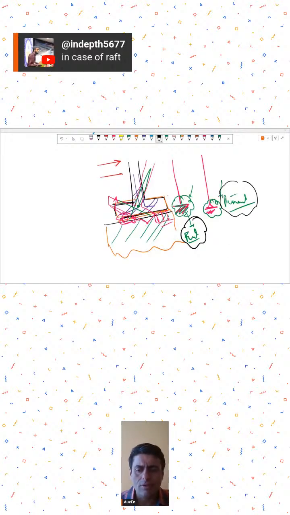In case of raft also, somewhat similar principles may be adopted. Although this discussion is more valid for isolated footings, because in isolated footings there is a chance of rotation possible under effects of lateral wind, which might not be there in case of raft. So I think in raft you can just go ahead with fixed conditions.